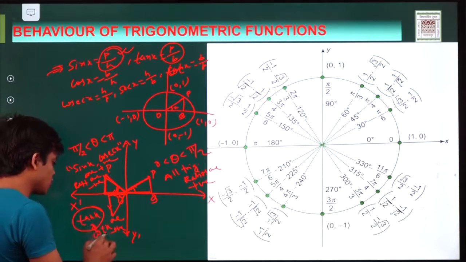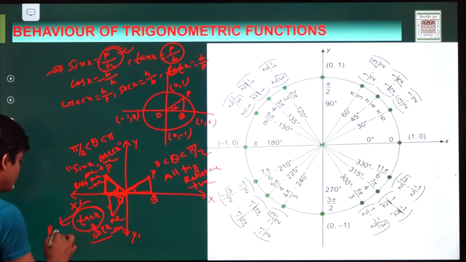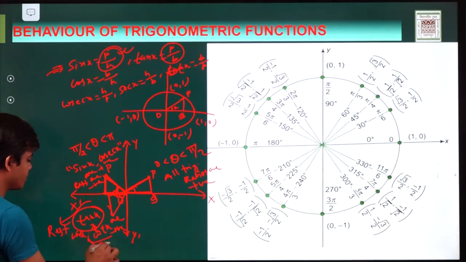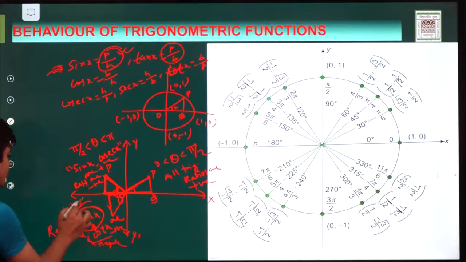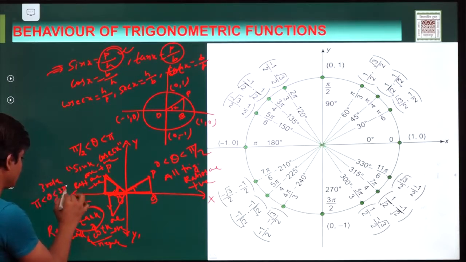So tan x will be positive, cot x will be positive, rest will be negative. So in the third quadrant, the angle is from pi to 3 pi by 2.